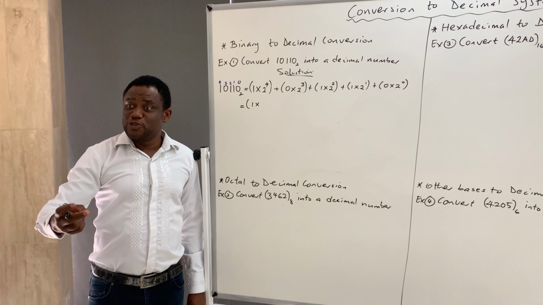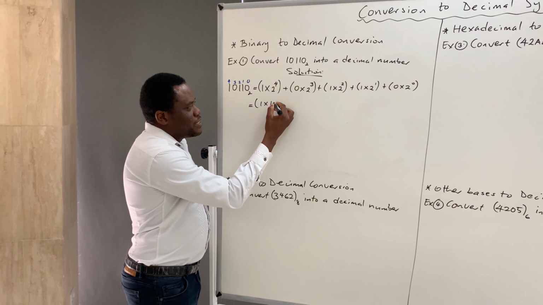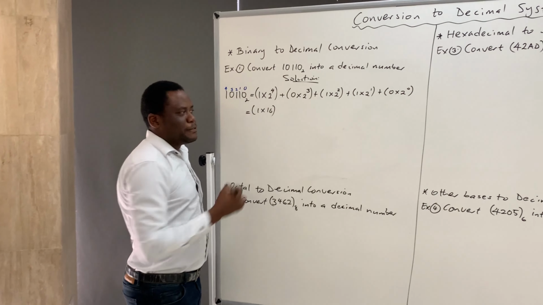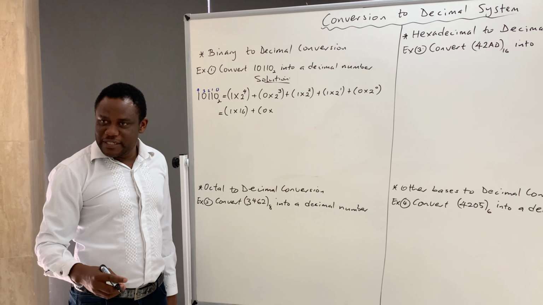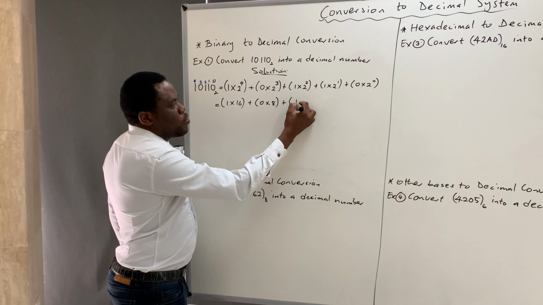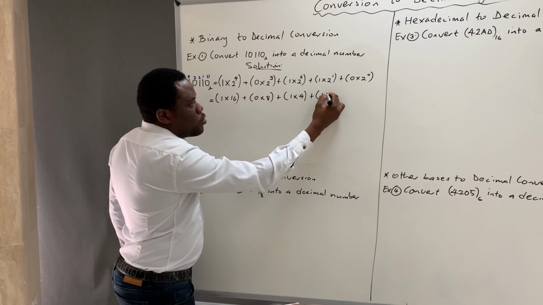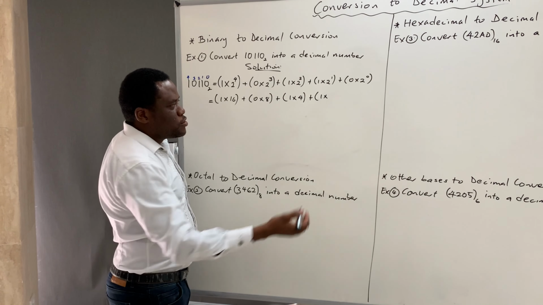That is 2 times 2 times 2 times 2, which gives us what? 16. Plus 0 times 2 to the power of 3. It means 2 in 3 places, right? So we have 8. Then 2 in 2 places is 4. 2 in just 1 place is 2.